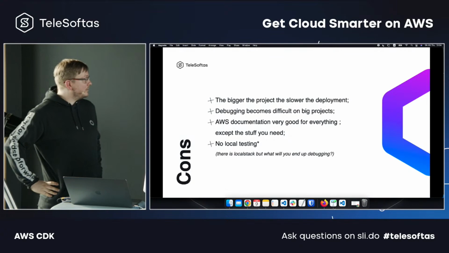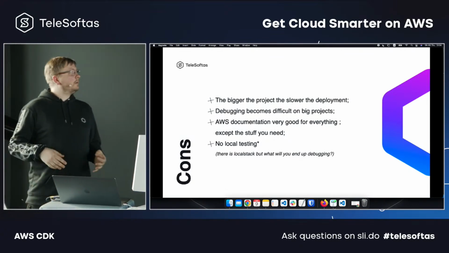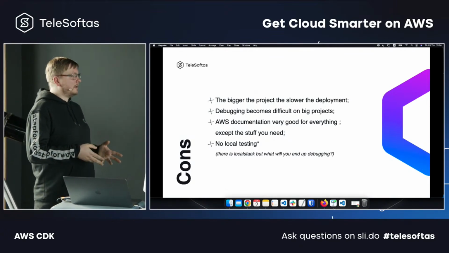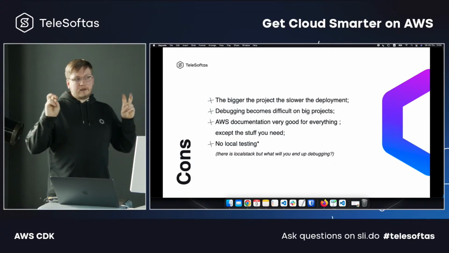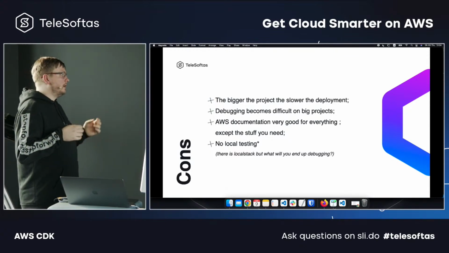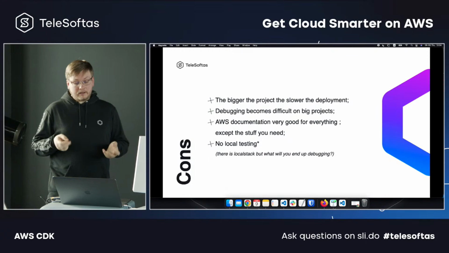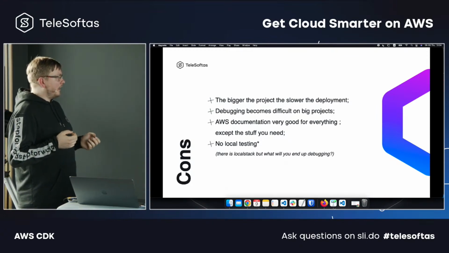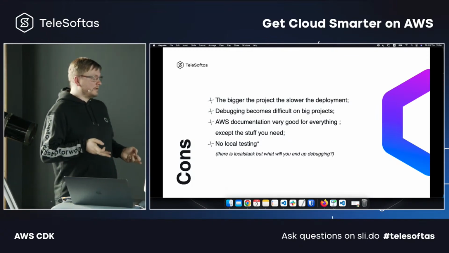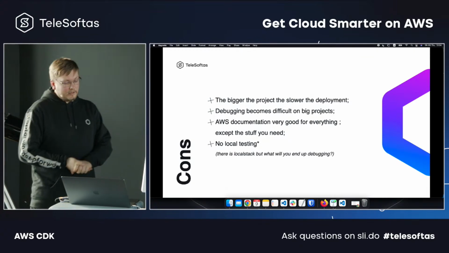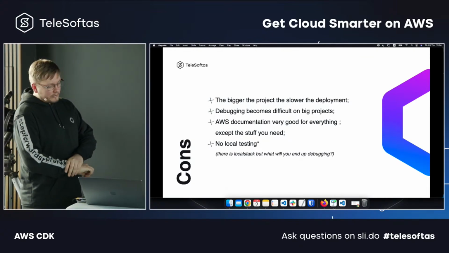And no local testing. So there are ways to mitigate this. LocalStack, which is like a fake AWS on your machine, which is not made by AWS. And I wouldn't have too much trust in it. Maybe I should, but when I tried it, it didn't work.